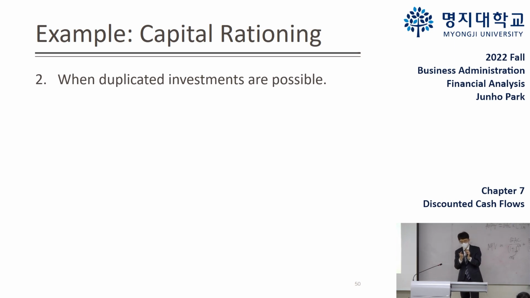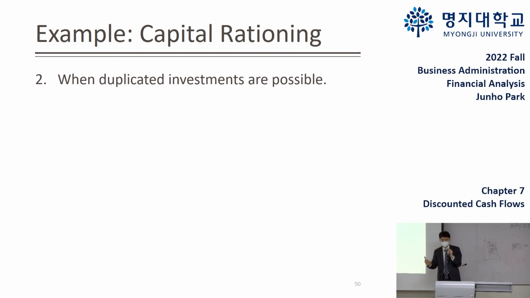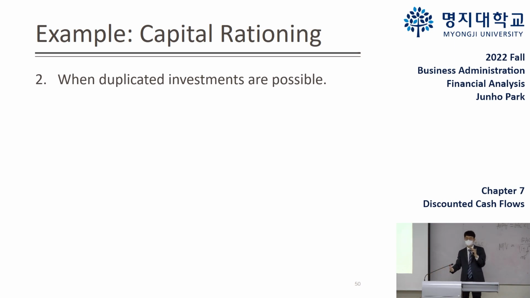However, actually, you face a lot of this situation, especially in the stock market. For example, you can purchase one share of the stock. However, at the same time, you can decide to purchase 2 shares of the same stock. So by having 2 shares, you have a duplicated investment. And it is possible because in the stock market, those shares have the same value.